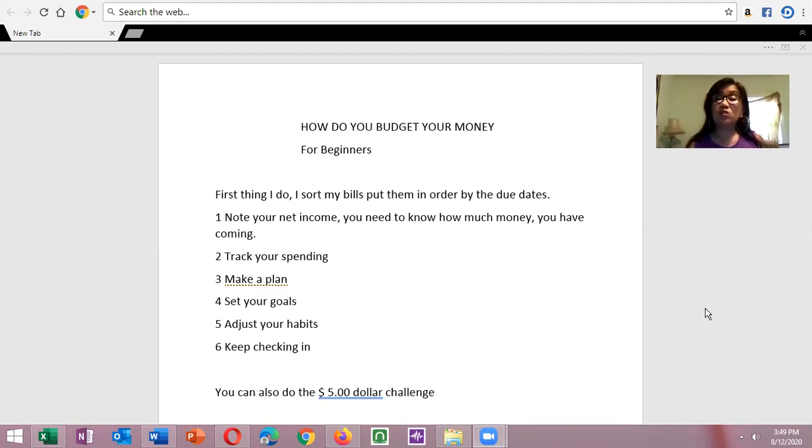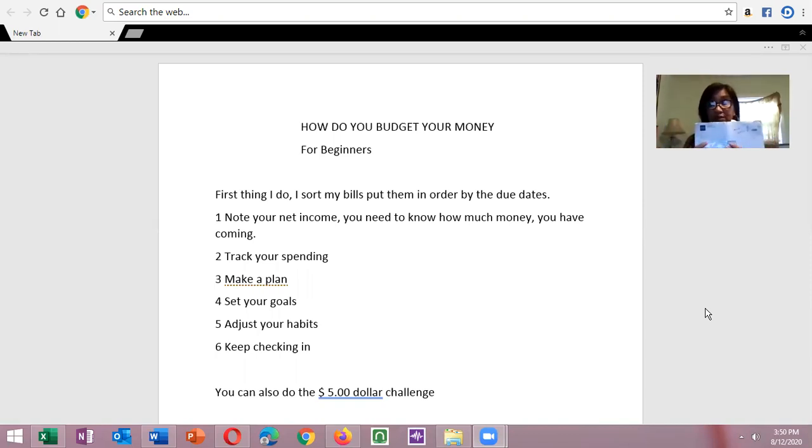I already calculated how much I need to pay monthly on each individual bill. I already calculated that in my brain, so I already know. And I sort them out like this, for instance.